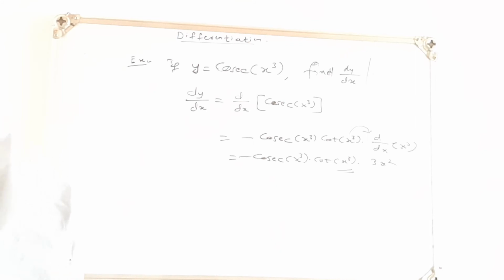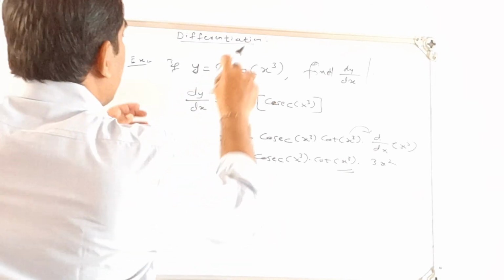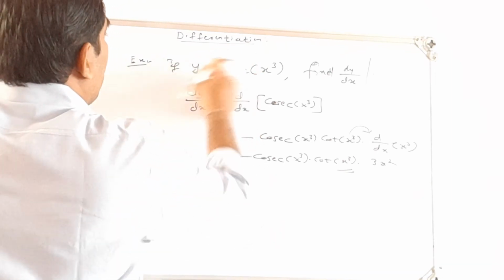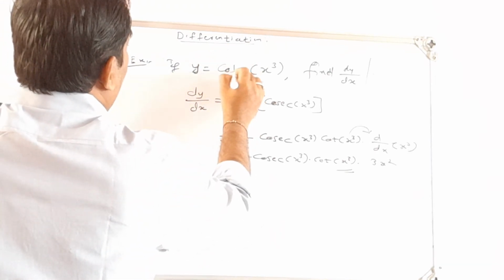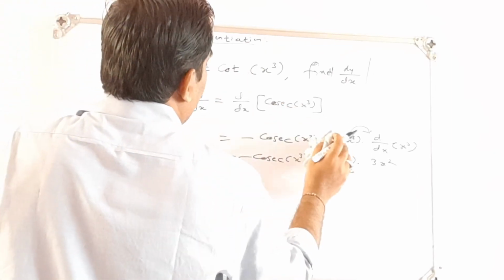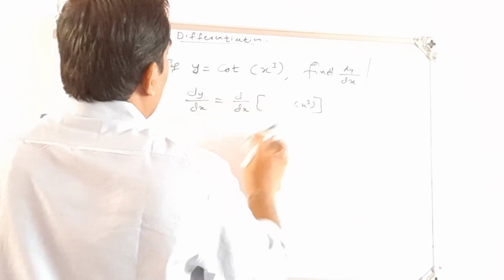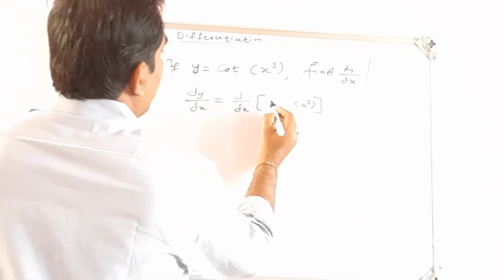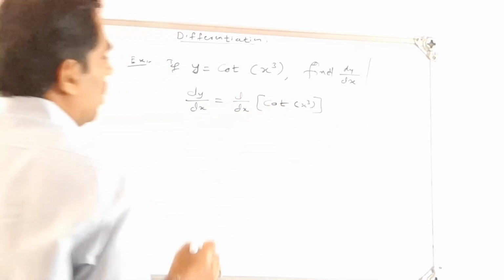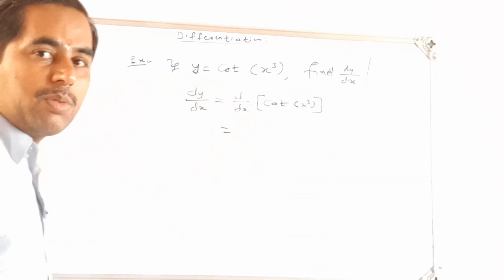So this is the chain rule here. If I change this to y is equal to cot of x cube, then find dy by dx. Then how do you write this? dy by dx of cot of x cube, differentiating both sides with respect to x.